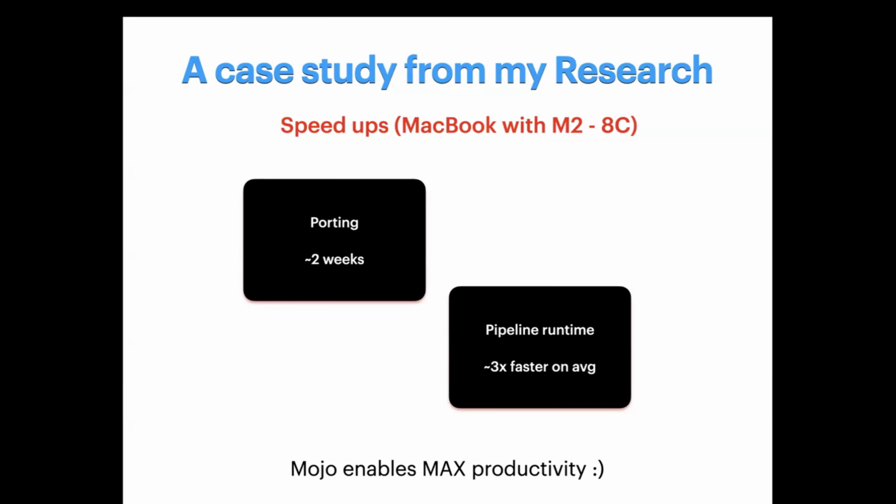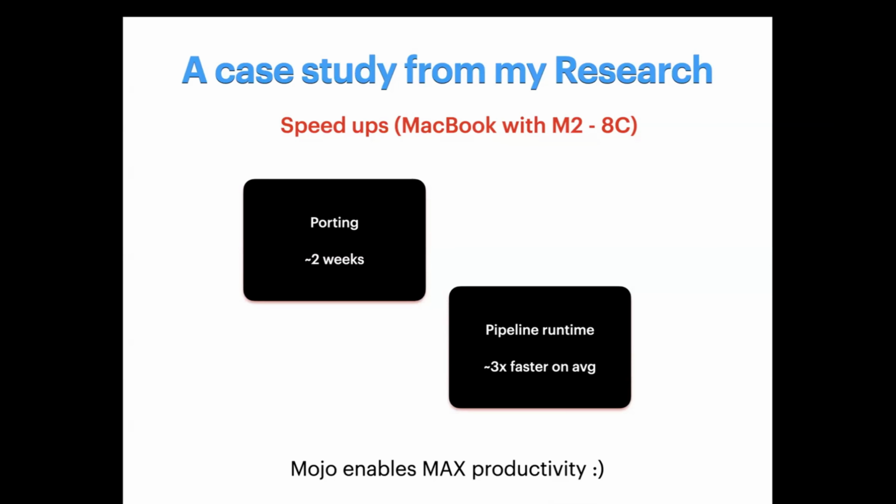And also the incremental ways in which you can speed up your code with SIMD and parallelization and so on. It took me around two weeks, with a lot of help from Kapa and the Mojo docs.